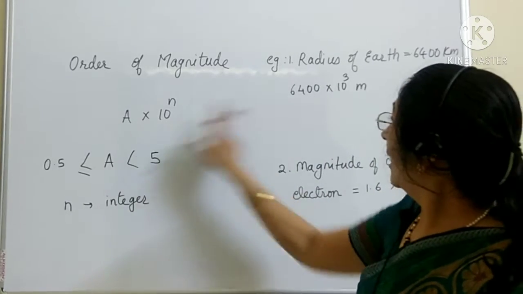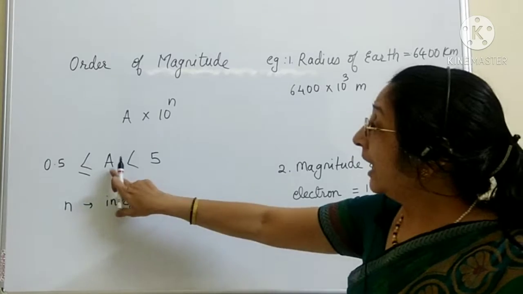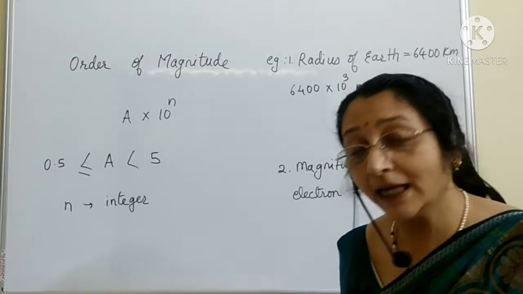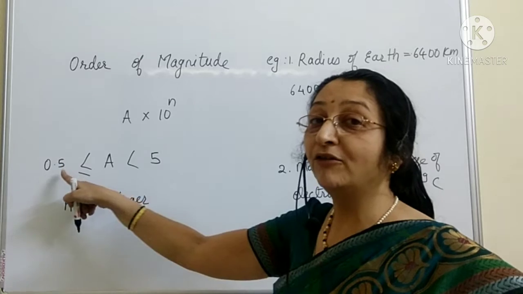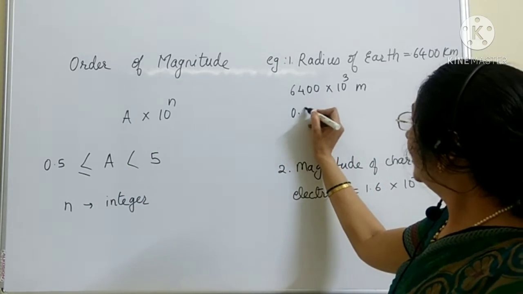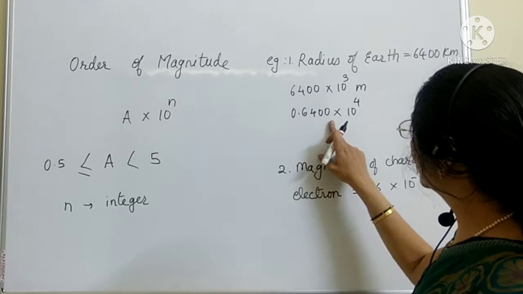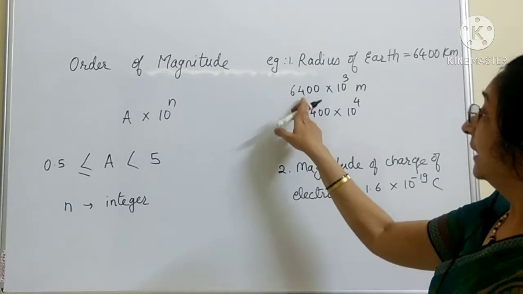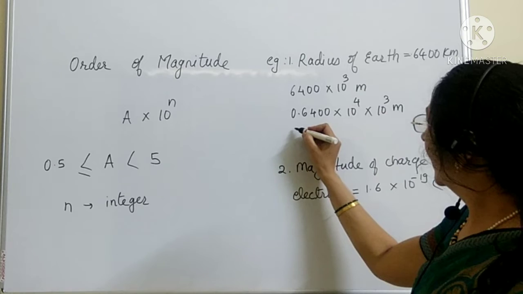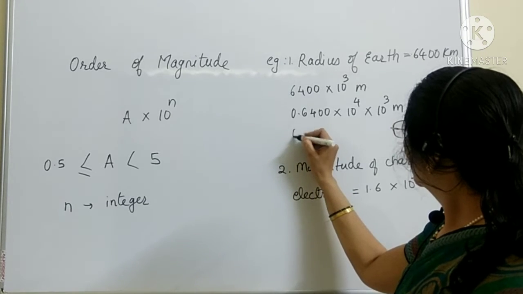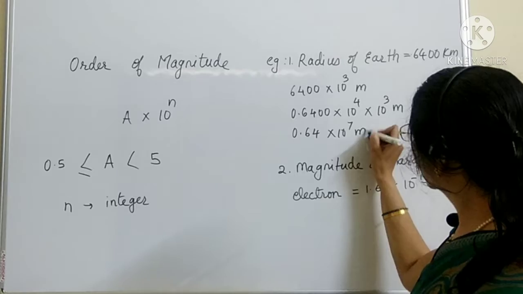पण याच्याप्रमाणे होत आहे का? हे तर मी लिहिलं 10 to the power 3 मध्ये, मी SI युनिट मध्ये पण केलं. पण इथे A हा जो नंबर आहे तो बिटवीन 0.5 and 5 आहे का? नाही. तर मग मी आता काय करणार, याचं कन्व्हर्जन करणार, सो दॅट द नंबर शुड बी बिटवीन 0.5 and 5. सो मी याला कसं लिहिलं, 0.6400 in 10 to the power 4. म्हणजे मी 6400 चा बदल न करता त्याला फक्त रिअरेंज केलं into 10 to the power 4 आणि 10 to the power 3 आहे तसंच लिहिलं. सो आय गेट 0.64 into 10 to the power 7 meter.